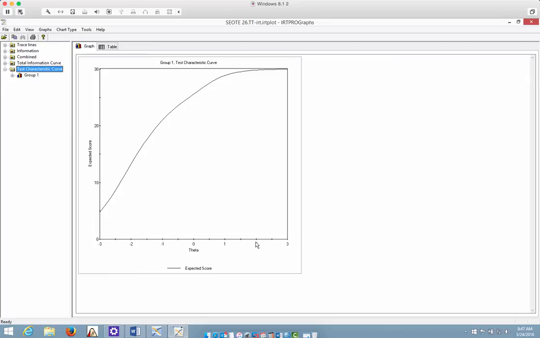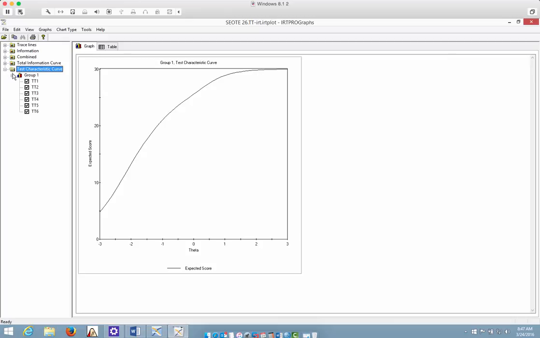So again, if we look at somebody who has a high level of agreement, so they have a high theta value, and we go up to the line, they probably have a score of about 29 or close to 30.